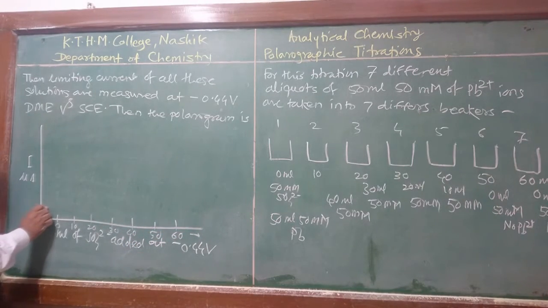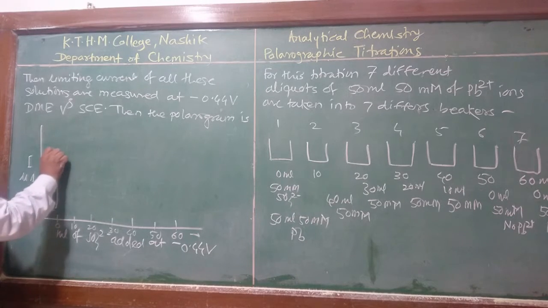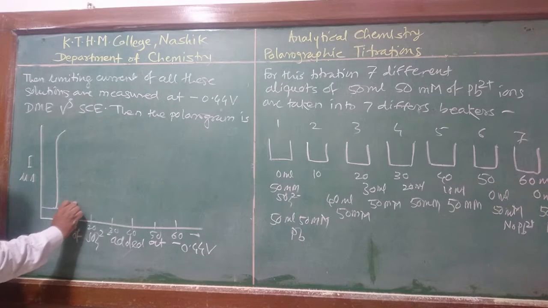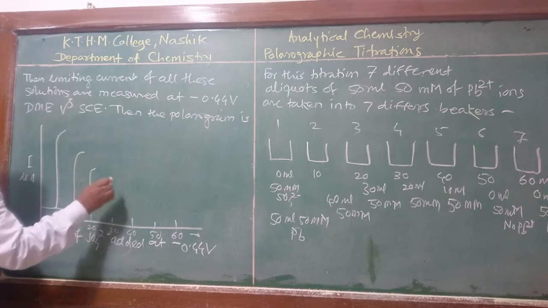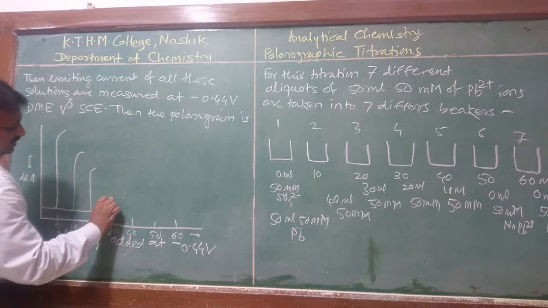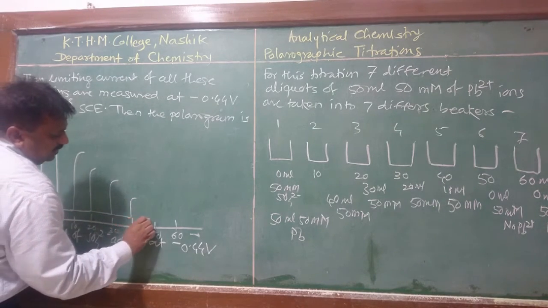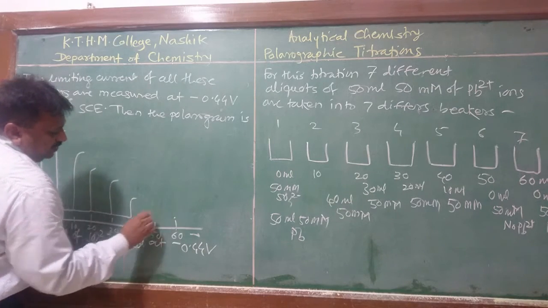Therefore, here we have a maximum diffusion current for this solution. Then the diffusion current for this is decreased. The diffusion current for this is again decreased. Here there is no diffusion current.